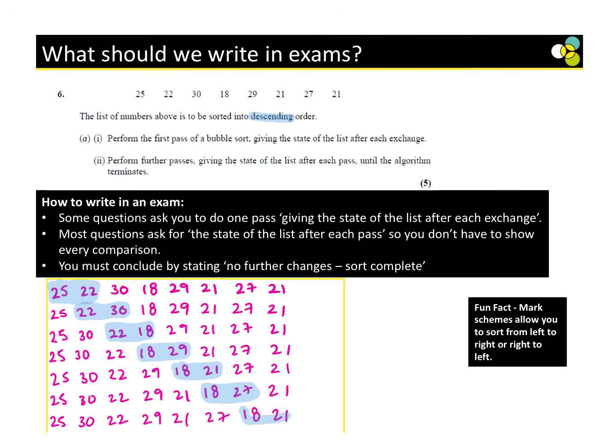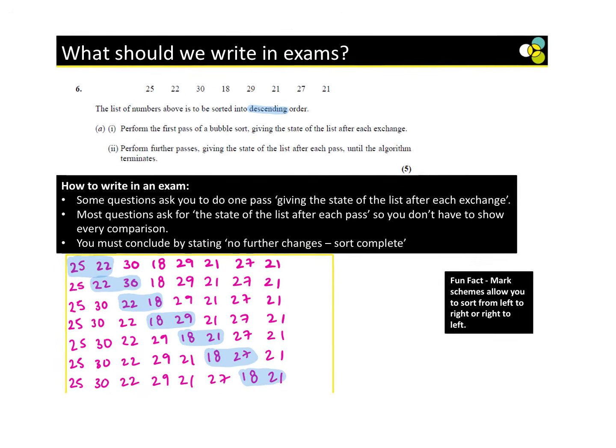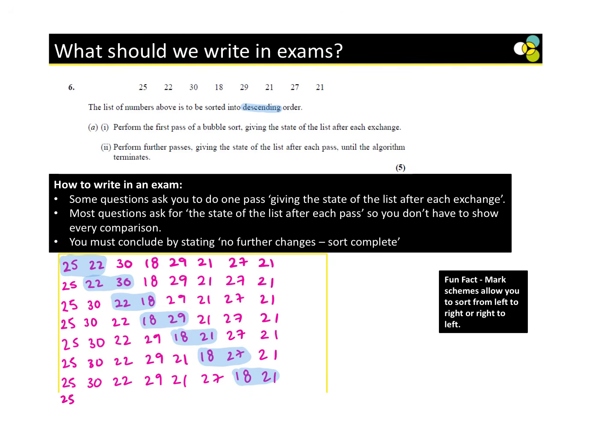Okay. 18 and 21. We're nearly there, everyone. So then we've got 25, 30, 22, 29, 21, 27, 21, 18. Okay, stop.